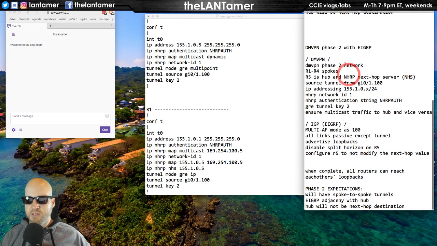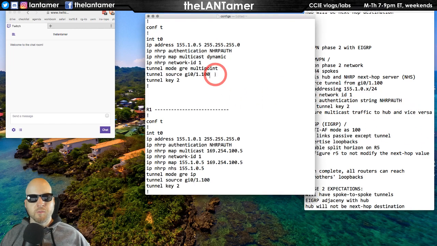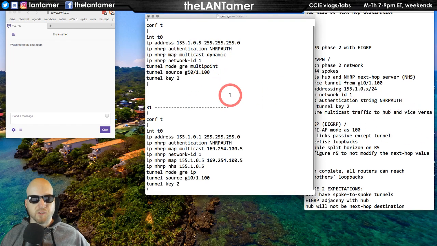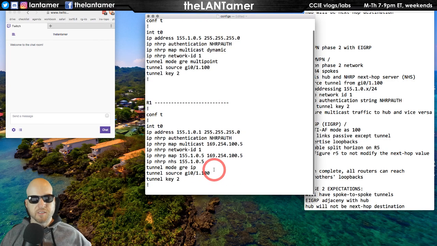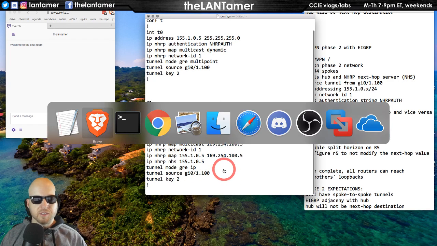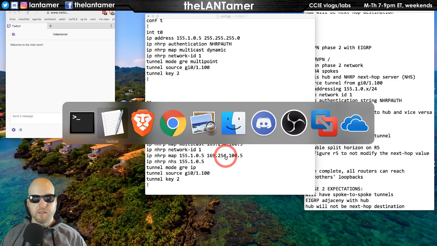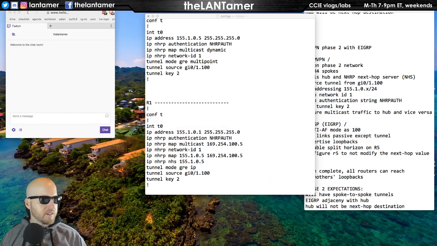So really, in these requirements for phase 2, the only difference is that we need to configure router 5 to not modify the next hop value, and we need to remove this destination on the spokes, and we need to change the tunnel mode. So let's do that. Let's go to each router. Let's go from phase 1 to phase 2. Where did they go? Here they are. Come here, routers.